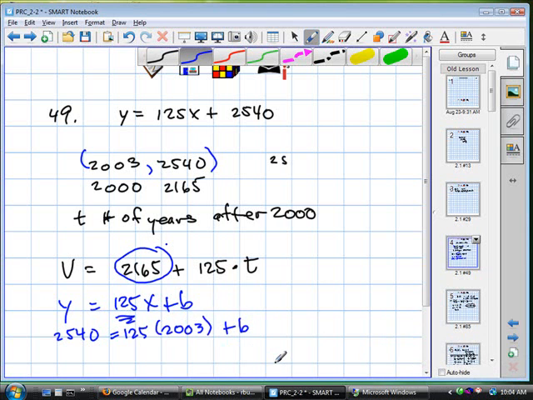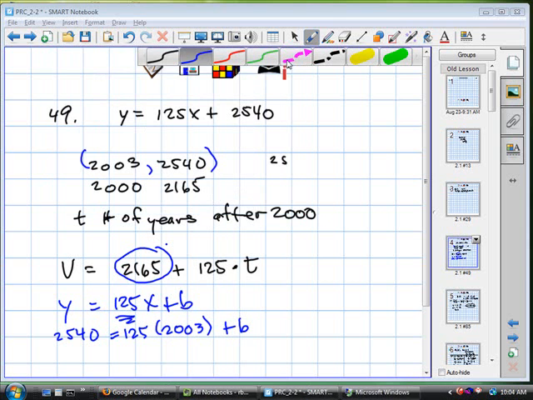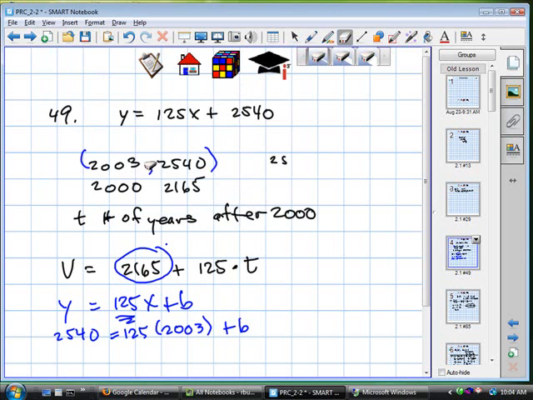Okay, what's 125 times 2003? What's that? Is that what they say? Yeah. Okay. That's the trouble with doing them real quick. So basically, this is a 3 then.